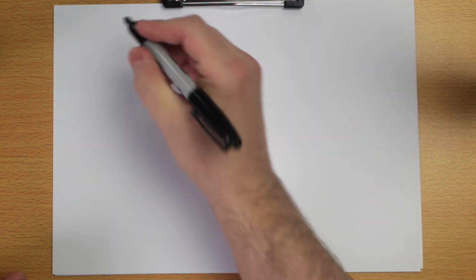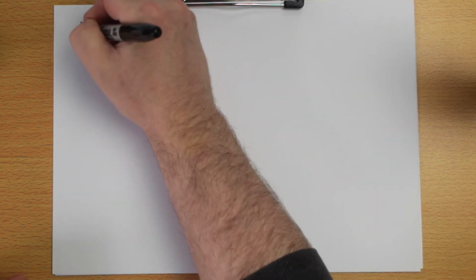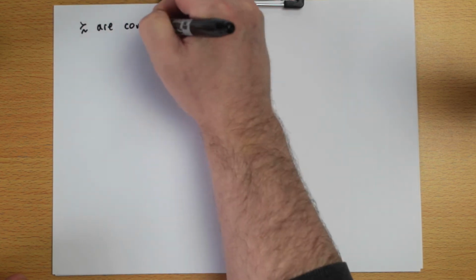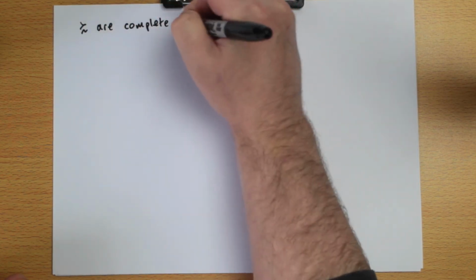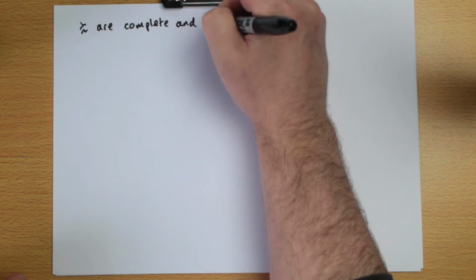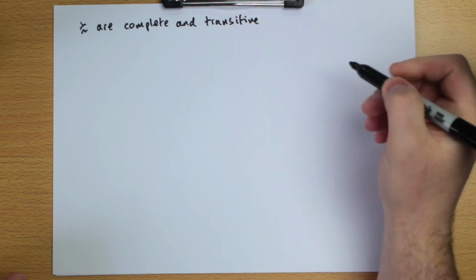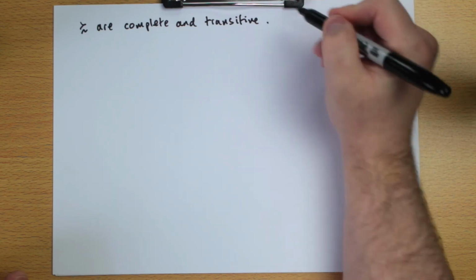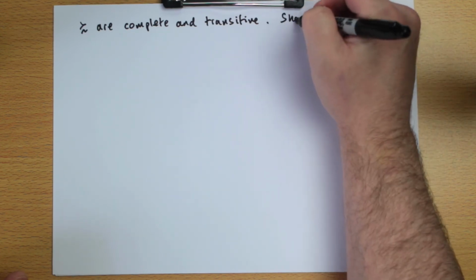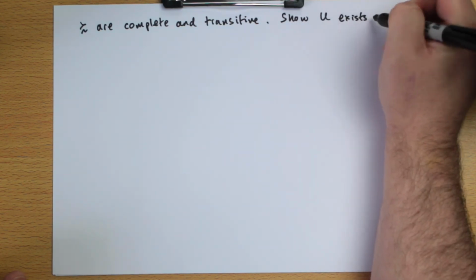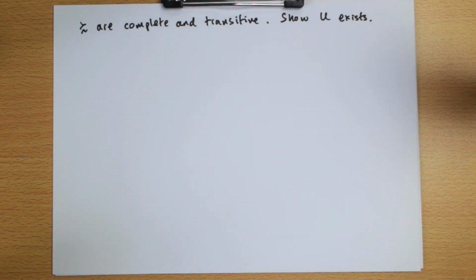Now, we're going to prove the more difficult version and imagine that preferences are complete and transitive. So that will be our starting point. And then we're going to show that a utility representation exists. Okay, so there's a way of constructing a numerical function that represents this preference.